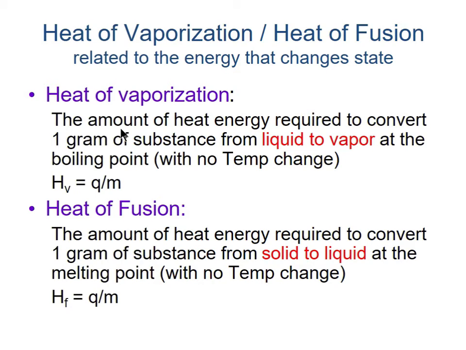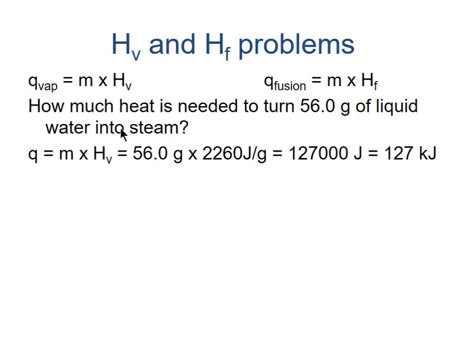So heat of vaporization applies to the boiling process. Heat of fusion is talking about the melting process. These are going to be values that change with different substances, and I can use this. So here all I need to know is how much substance I have. There is no temperature change, so I just need to know what is the heat of vaporization and how much substance we have.